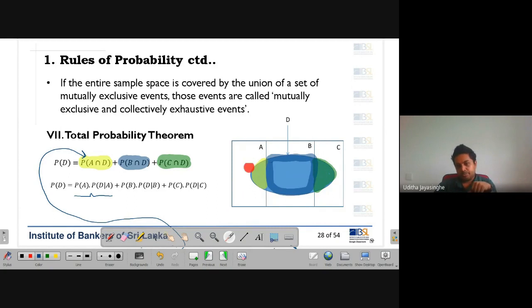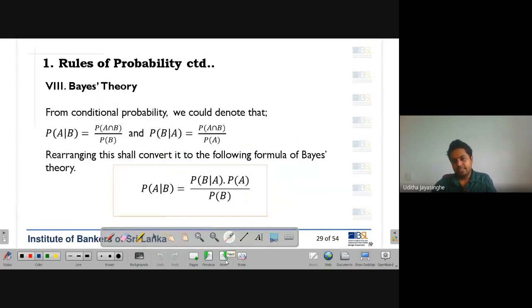So these areas could be good percentages, and this circle, this egg, is going to be the faulty. So the faultiness given B, faultiness given A, faultiness given C, you can add it up and present the total probability theorem accordingly. Okay, so more or less, you could recall that we have unknowingly used this to a certain degree by answering some of the exam questions on the last one.